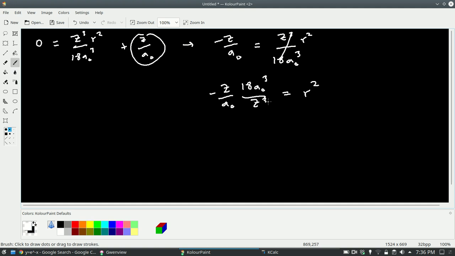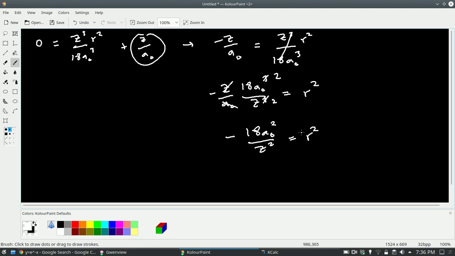Brand new r squared. This is a z cubed, right? Yeah, that's a z cubed. All right, so this is now a z squared because it cancels with this, and this is now an a naught squared because it cancels with this. So negative 18a naught squared over z squared equals r squared.